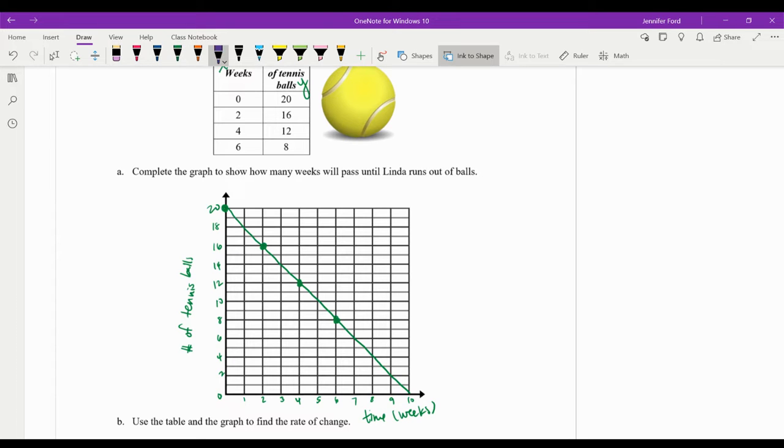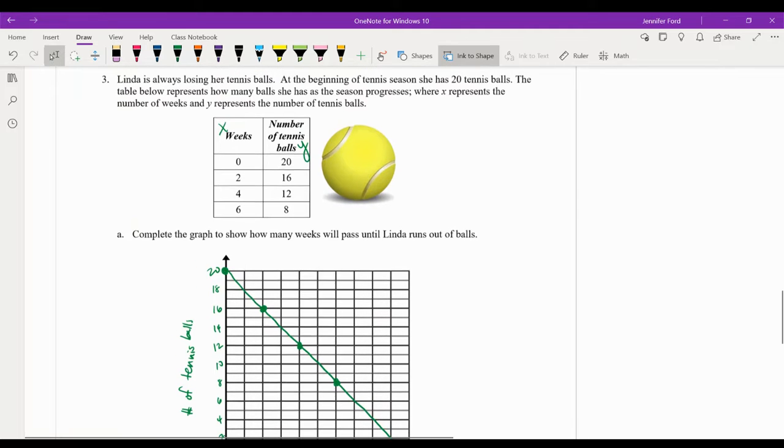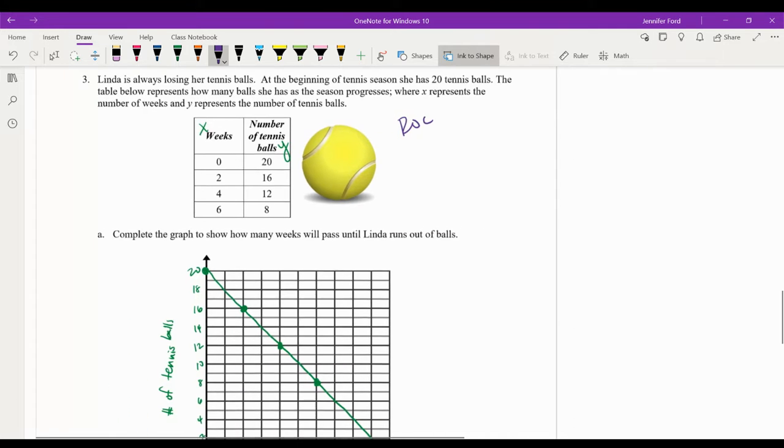So the rate of change, for this context, is going to be how many tennis balls she loses for how many weeks. So the rate of change is going to be, it goes down 4 tennis balls every time the weeks go up by 2 weeks.